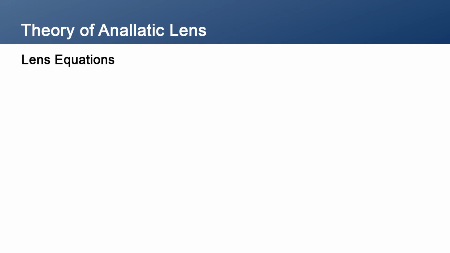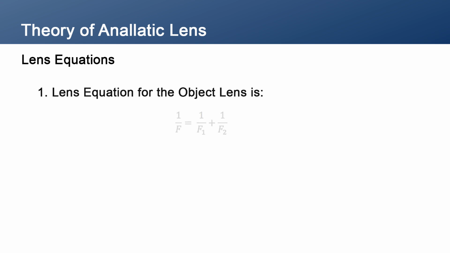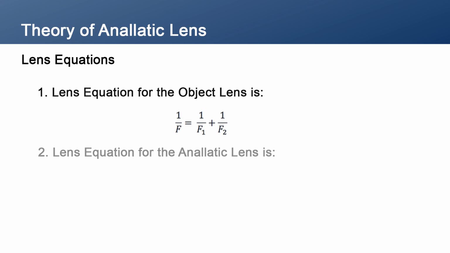From the laws of lenses, we can write equations for the object lens and the analytic lens. First, the lens equation for the object lens is 1 by F is equal to 1 by F1 plus 1 by F2, and the lens equation for the analytic lens is 1 by f is equal to 1 by small f1 minus 1 by small f2.